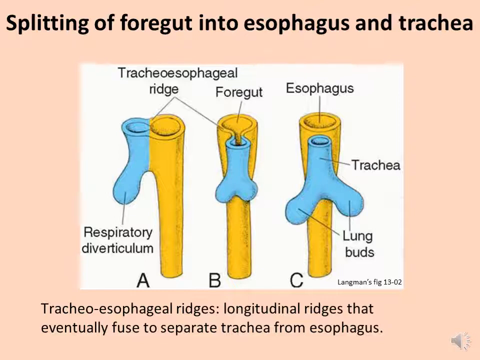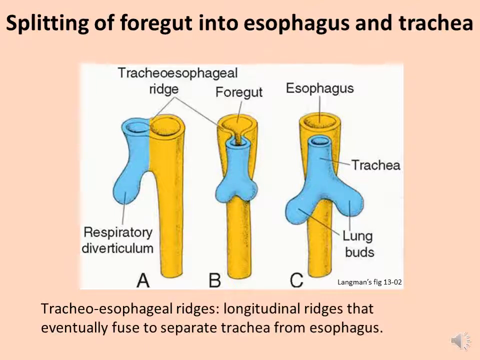So after the formation of the groove, two longitudinal ridges develop laterally, and these ridges are known as tracheoesophageal ridges, which we can appreciate in diagrams A and B. These tracheoesophageal ridges eventually fuse together to form a septum. And why is this septum needed?